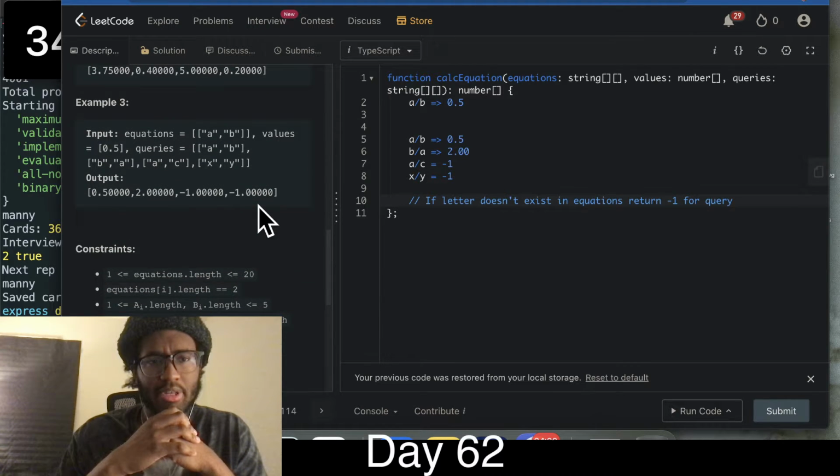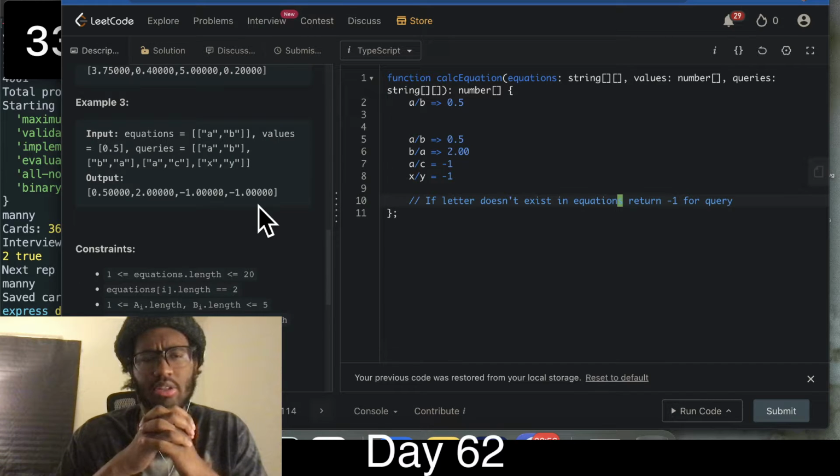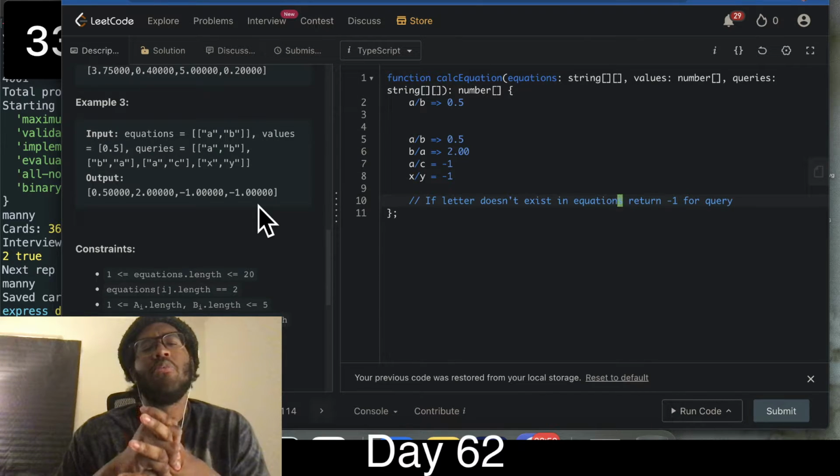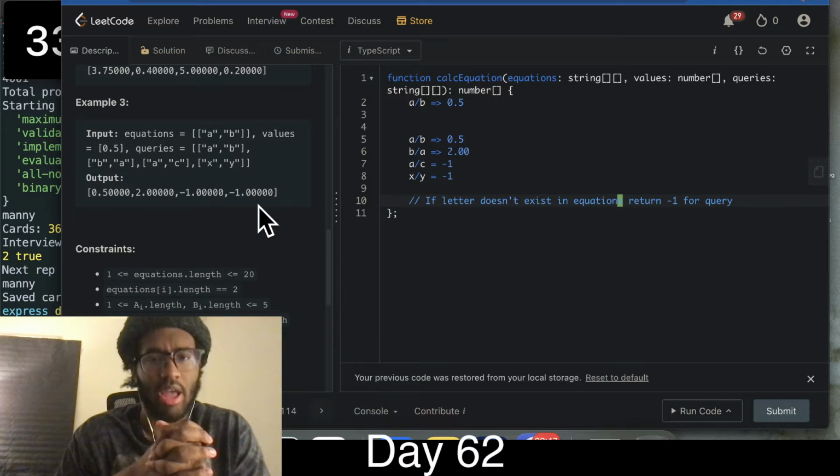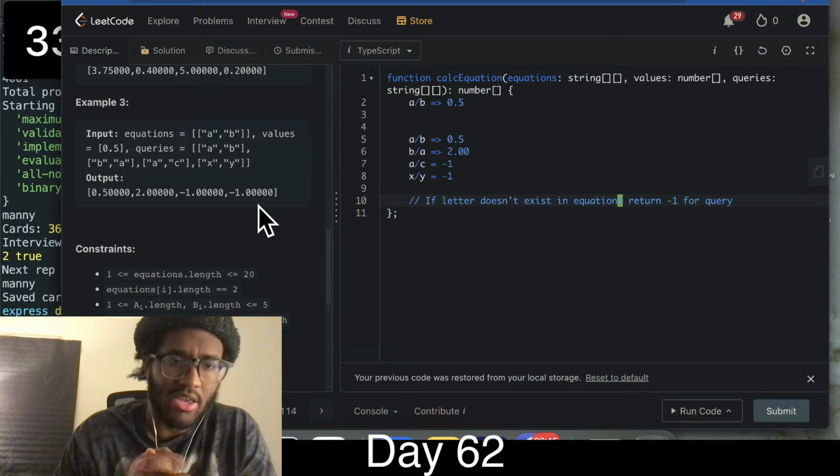A divided by B equals 0.5, and the query's A divided by B, which means maybe we need a way, other than having a map, to resolve A equal to some value and B equal to some value.